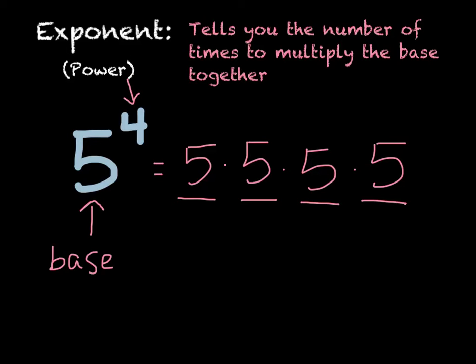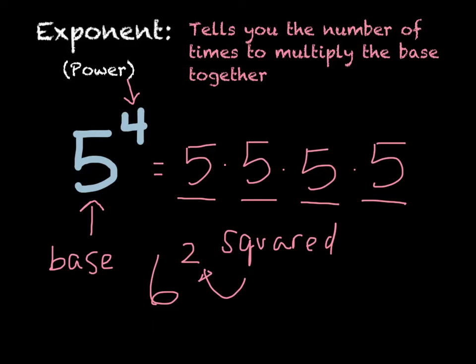A couple other important words that we might want to take note of. If we have a number like 6 to the 2nd power, the exponent of 2 is going to be called squared. So squared just refers to an exponent of 2.